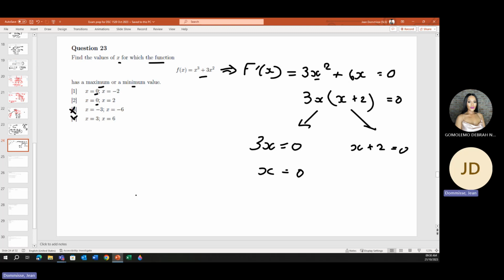Okay, so now we're between two of them, and then this one, the +2 will go over to your right-hand side. So x becomes -2, which is then option 1. Okay, so important, they told us in this we need to maximize or minimize.